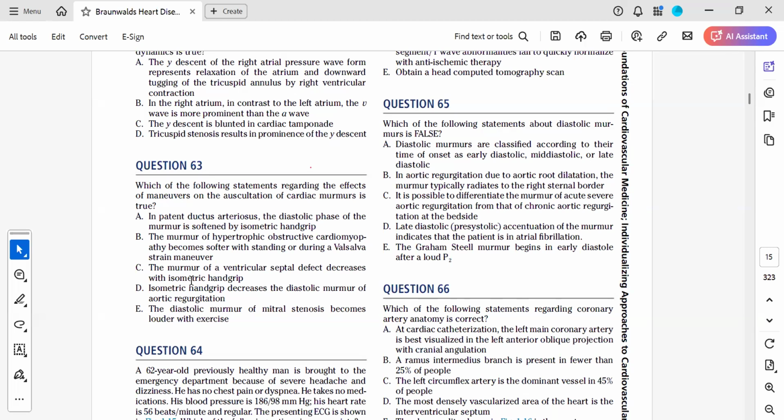In the presence of isometric handgrip, we expect increased afterload. With increased afterload, the pressure in the aorta is enhanced, so blood flow across the ductus arteriosus will be more. So we expect the murmur to be increased, not softened. So that option is false.